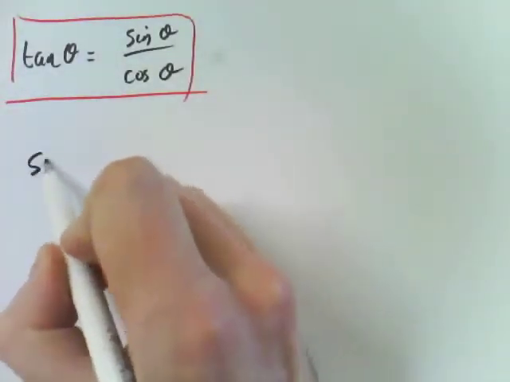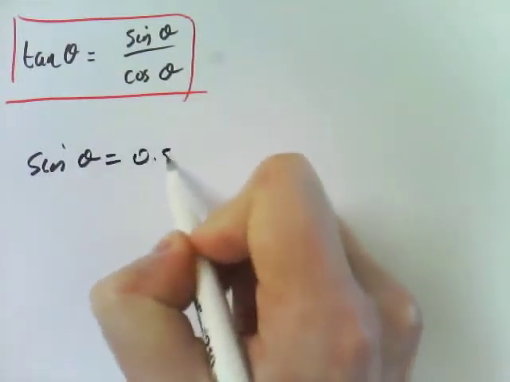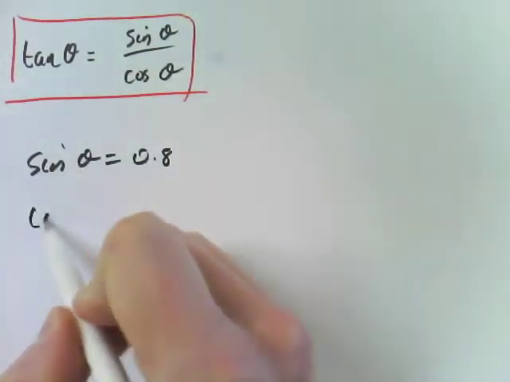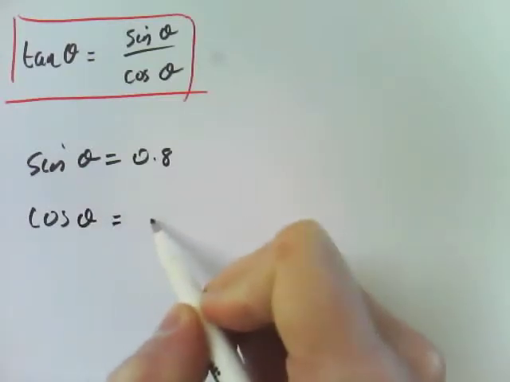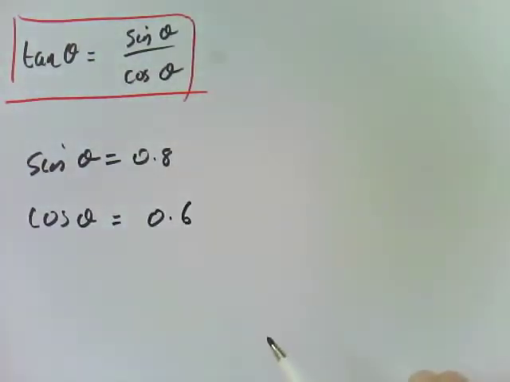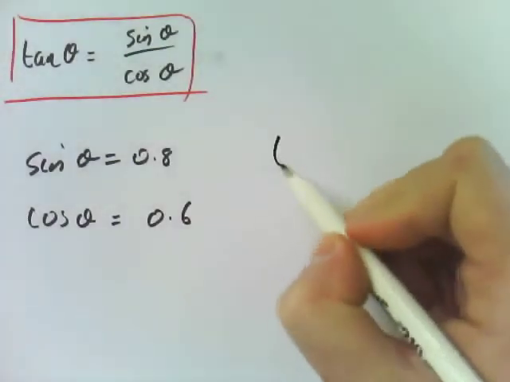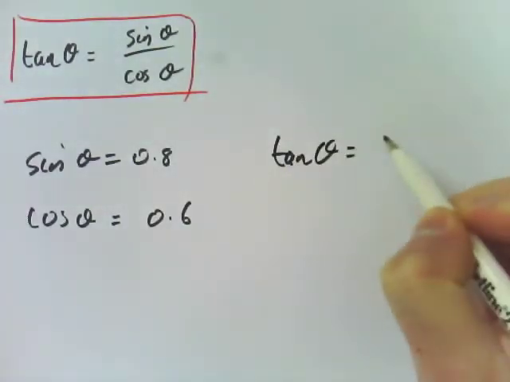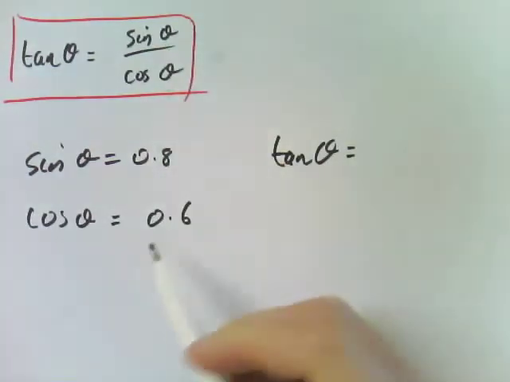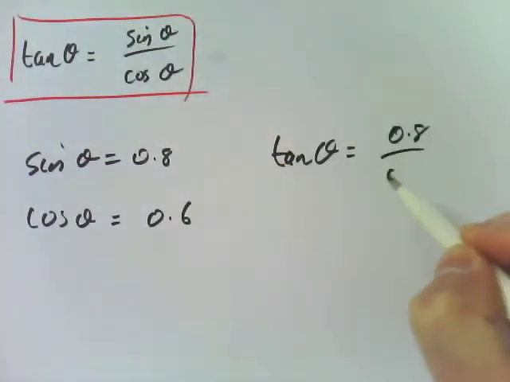We calculated cos theta in part A to be 0.6, and then part B asks us to find tan of theta. So what do I need to do? Tan theta equals sine theta over cos theta, so it's 0.8 over 0.6, which is 1.3333 recurring.